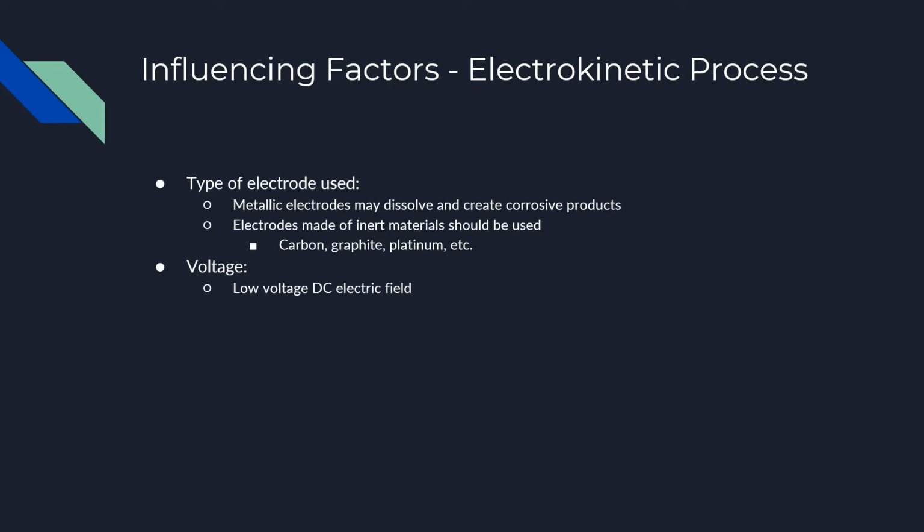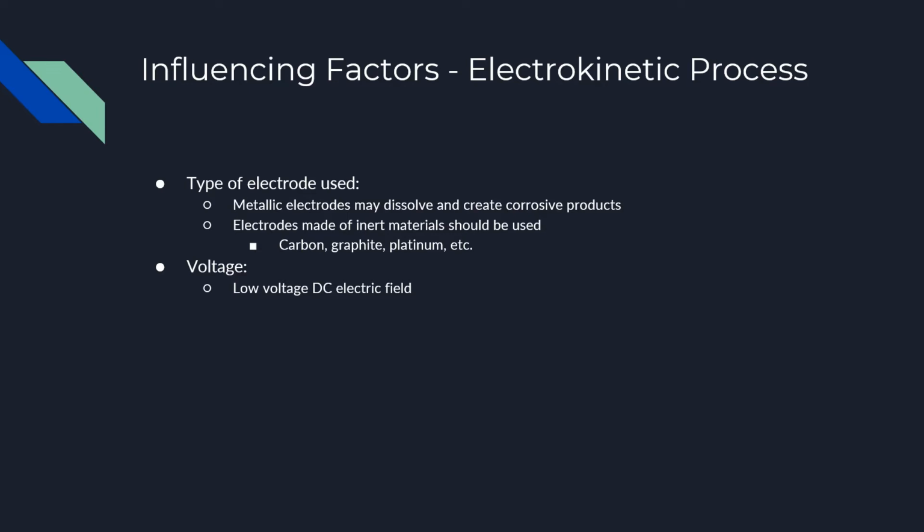And finally, the last influencing factors are the electrokinetic process itself. Both the type of electrode used as well as the voltage are important considerations when choosing this remediation method. For type of electrode used, it's important to note that metallic electrodes are not favorable because they may dissolve and create corrosive products, which may affect the biology of the soil as well as the current biodiversity within the soil.